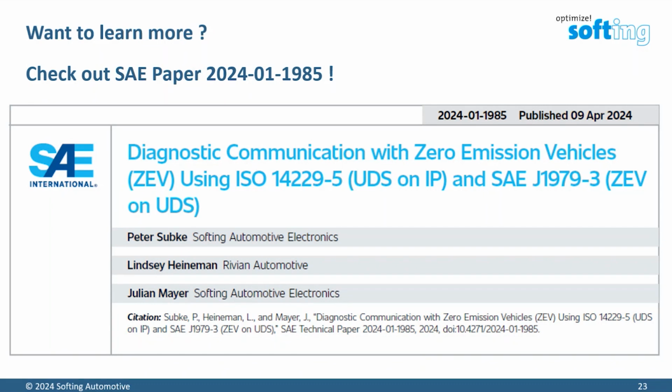The content is 10 pages on diagnostic communication with zero emission vehicles using 14229 UDSonIP and SAE J1979-3. There you will get a detailed explanation and description of what I summarized in this presentation.